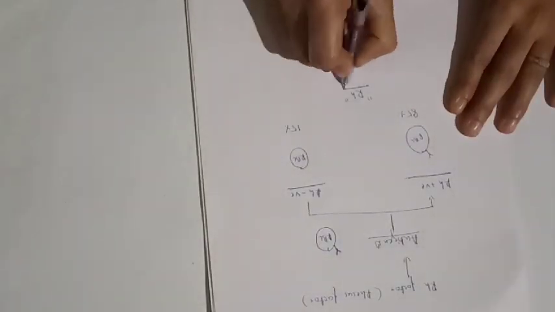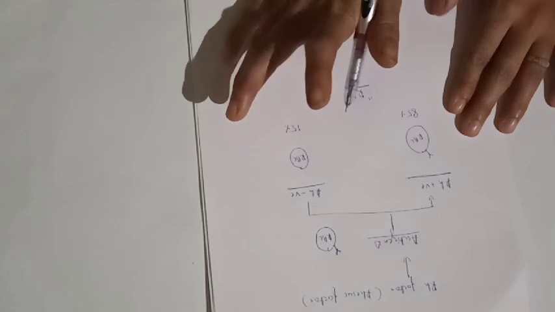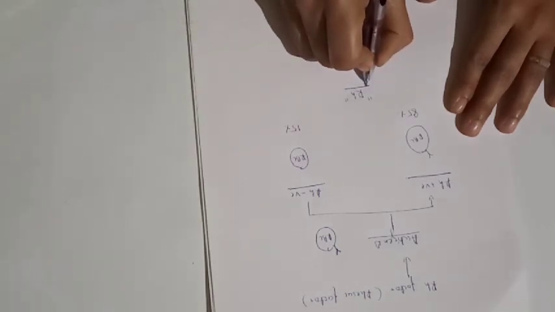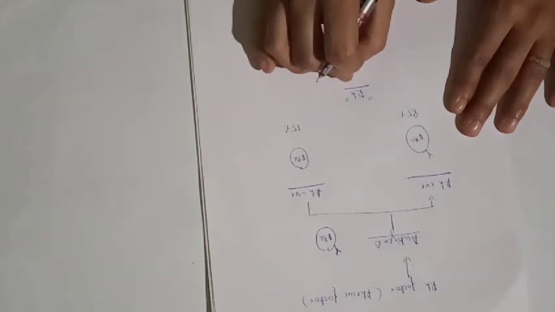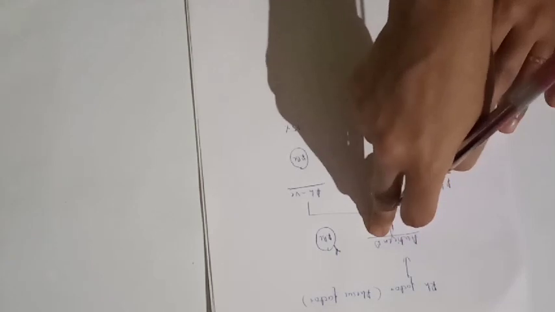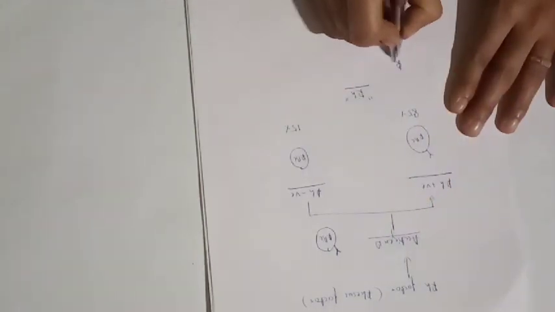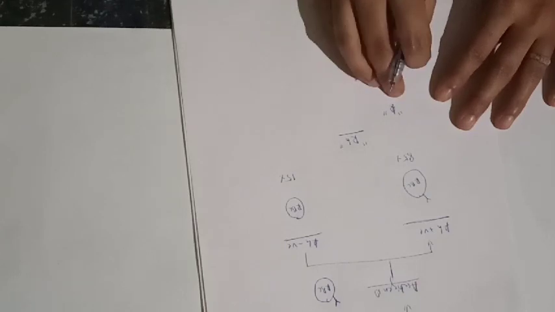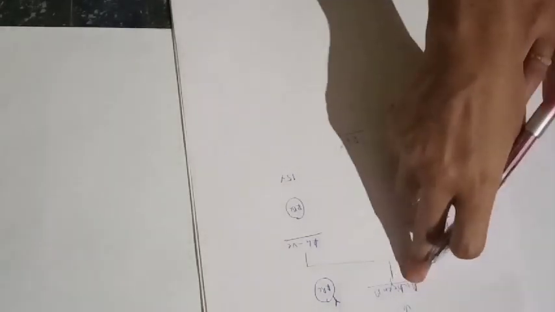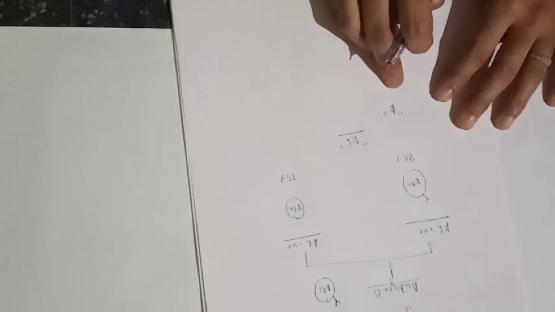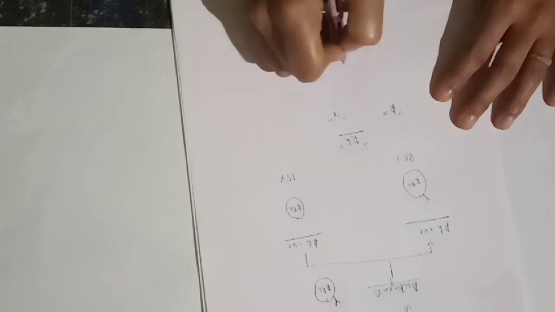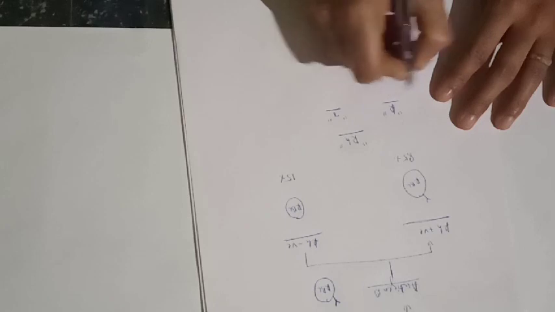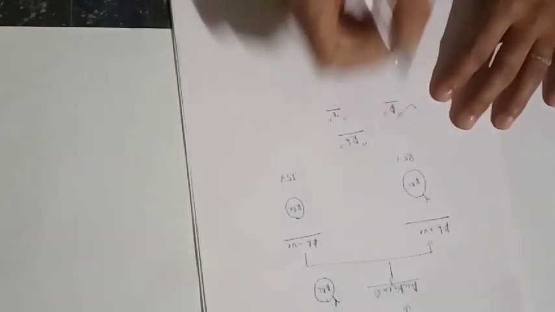Inheritance of this RH factor follows Mendelian inheritance. The gene responsible for the RH factor, antigen D, is the dominant allele capital R. Its recessive allele is small r, which does not produce antigen D. Capital R is responsible for production of antigen D and is the dominant allele.